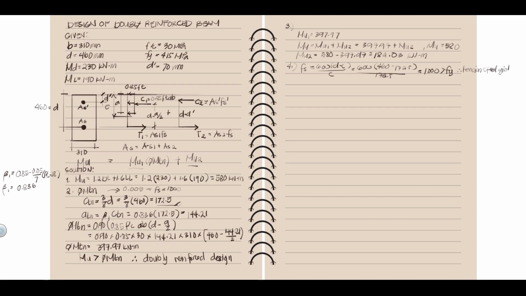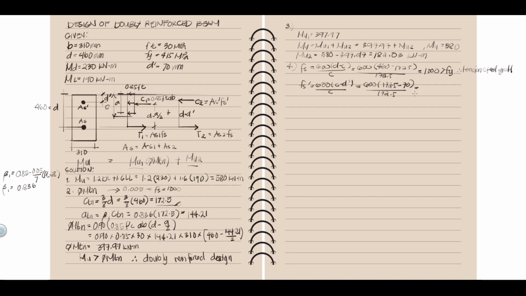Yield. Okay? So, check naman natin yung sa compression bar kung mag-yield. If mag-yield, from the formula for the compression bar, 600 (C minus D prime) all over C. So we will have 600 times (172.5 minus D prime), ang D prime natin na given is 70, all over 172.5.